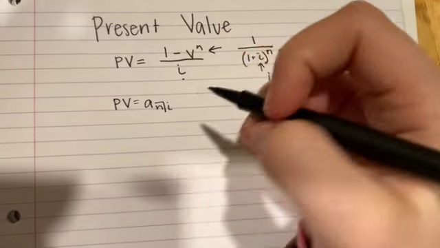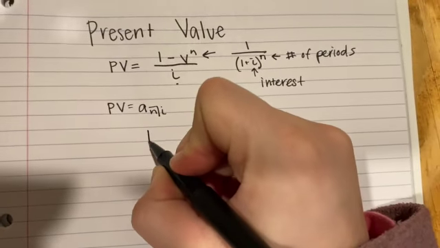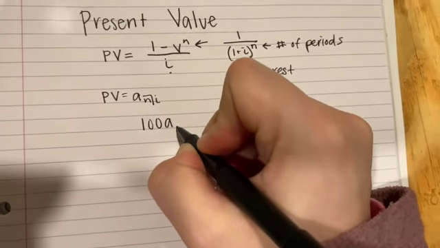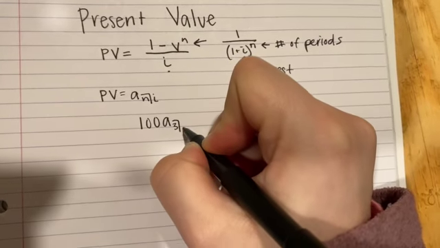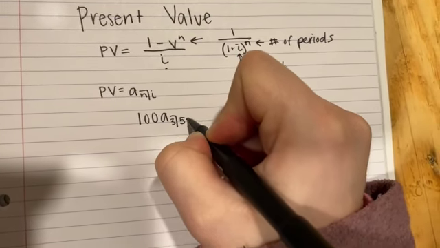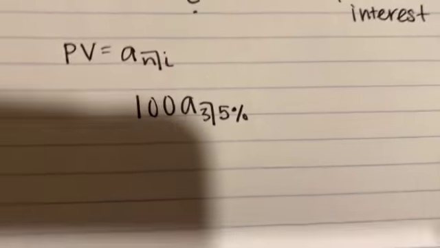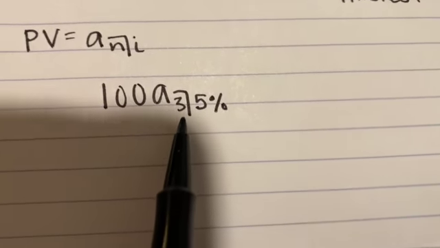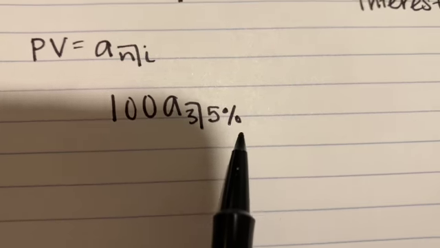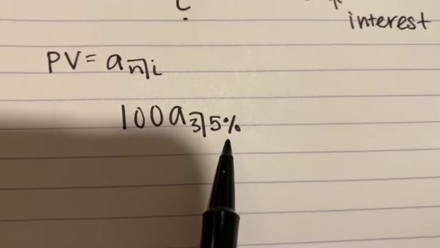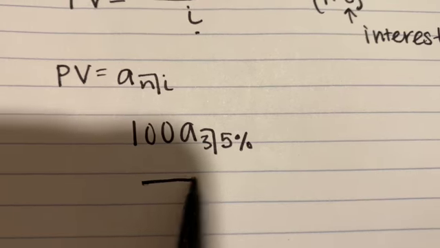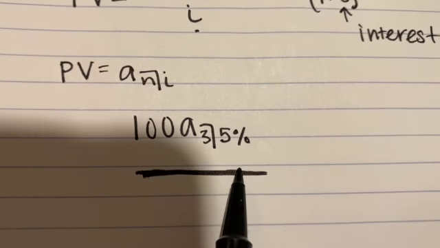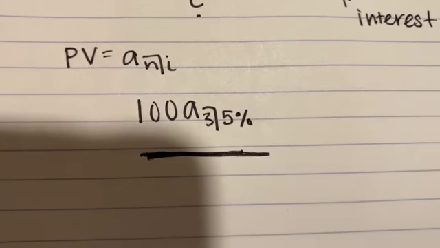So if I were to write 100 a angle 3 at, let's say, 5%, this means that our payments are 100, 3 is the number of periods we have, and then we have 5% as our interest rate. And using this, we're able to plug all these numbers into our TVM keys on our calculator.